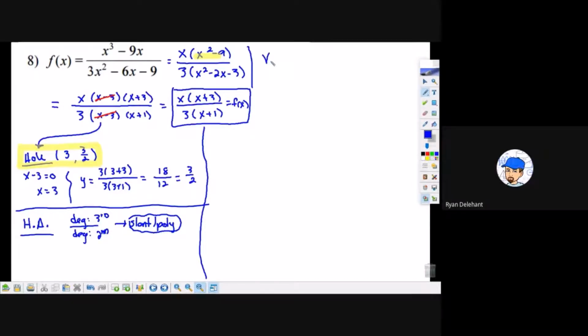Vertical asymptotes. We take what's left over in the bottom and we set it equal to 0 and we solve. So here we have 3x plus 1 is equal to 0. So when you have this multiplication, even though it's going to seem ridiculous, it's going to help you remember it when we have something else out there. We've got to make both these things turn into 0.